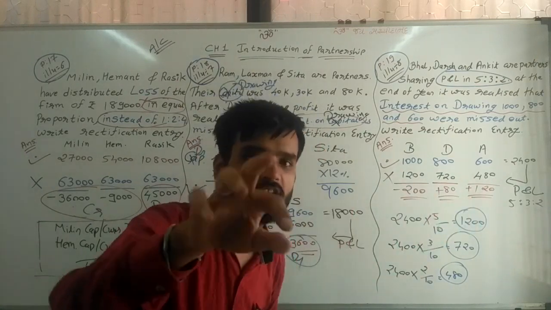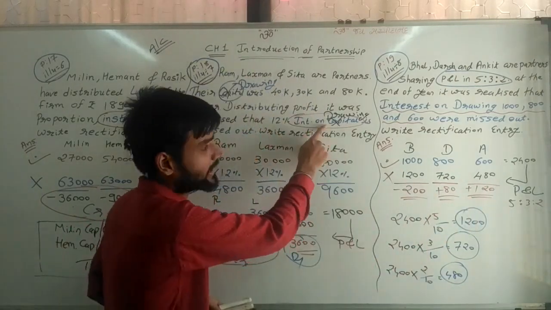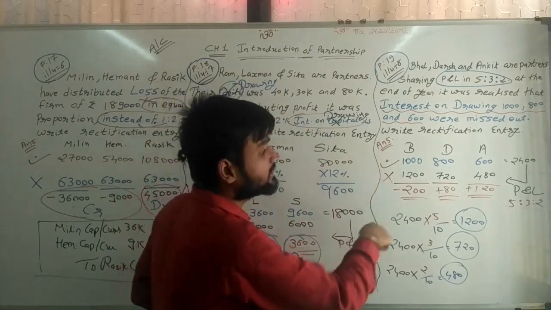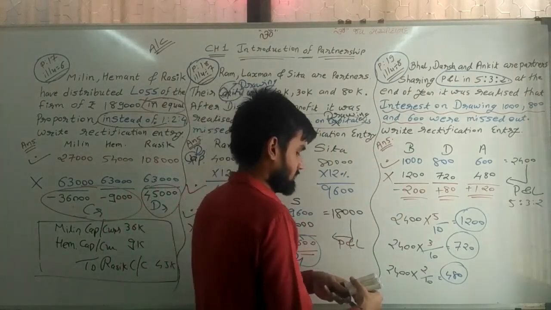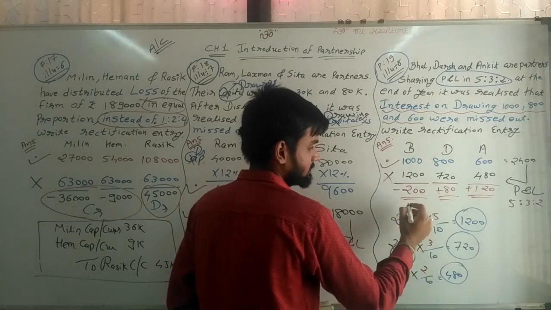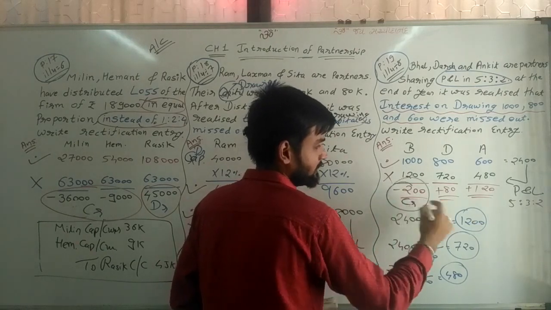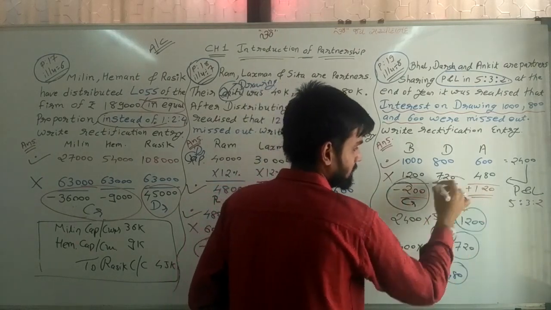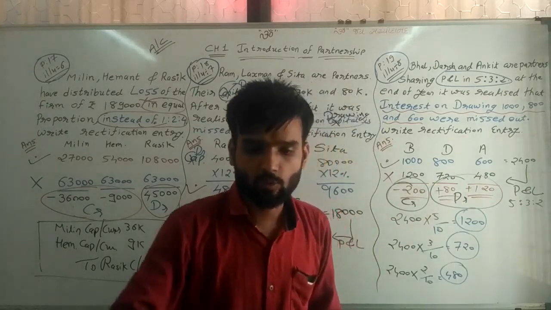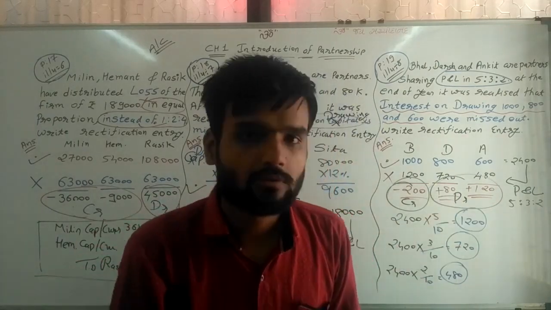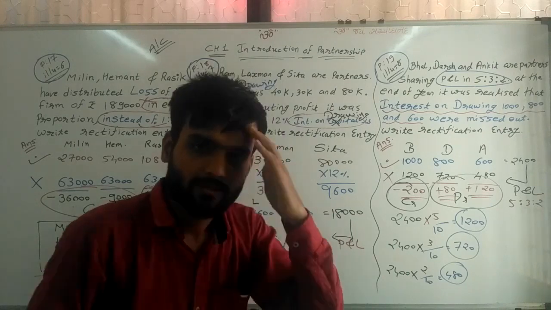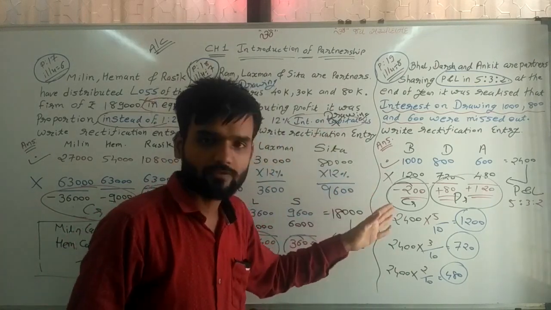200. Now again, try to remember interest on capital given, minus debit, but here interest on drawing is given. So minus credit and plus credit. In your textbook, different calculation is given. That's why try to understand this calculation.